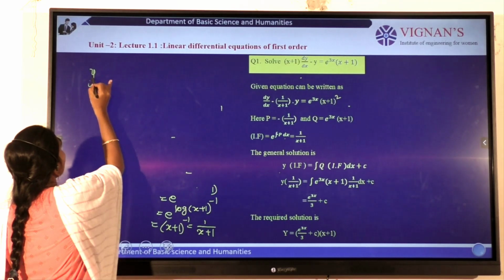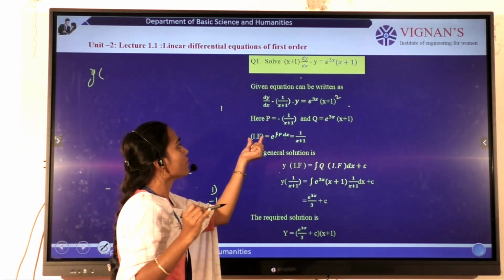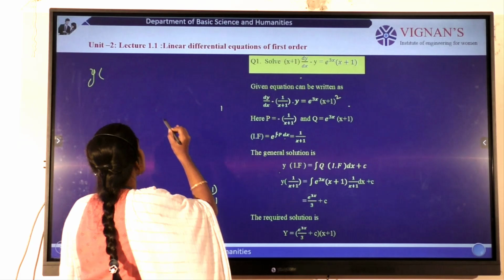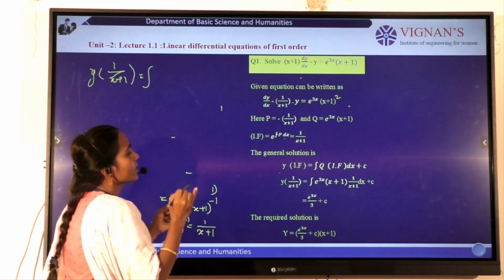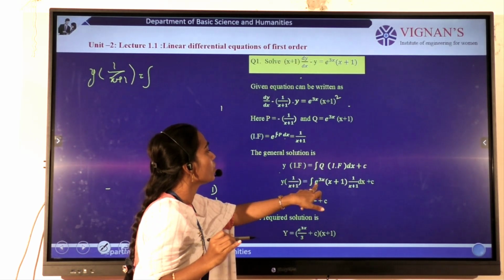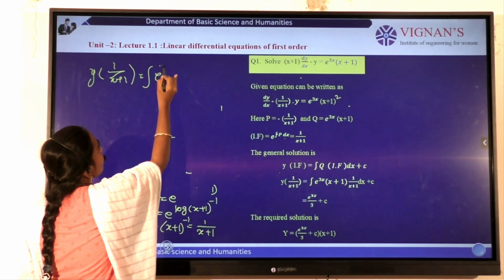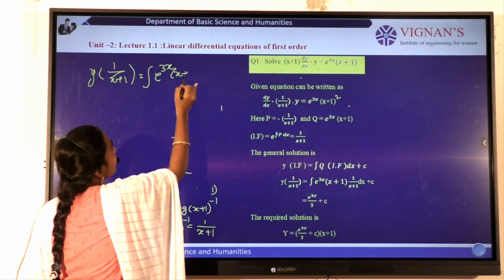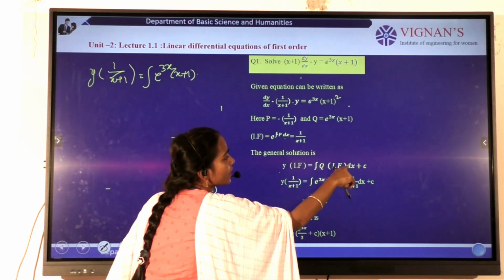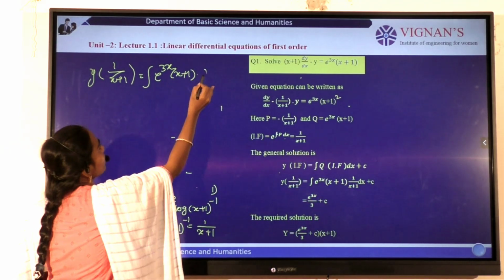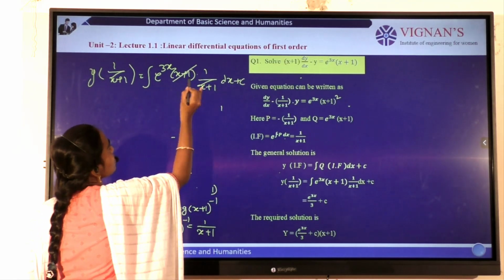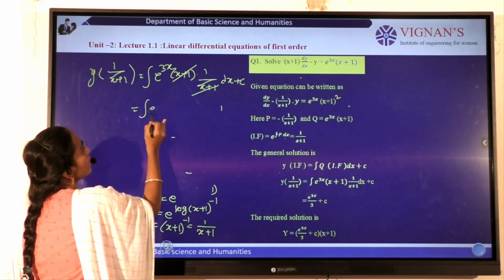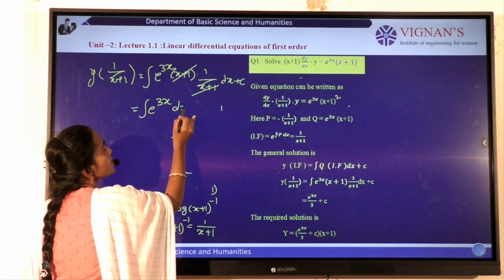So that is y into, we already have the integrating factor 1 by x plus 1. So 1 by x plus 1 is equal to integral q. What is our q? e power 3x into x plus 1 into, our integrating factor is 1 by x plus 1 into dx plus c.